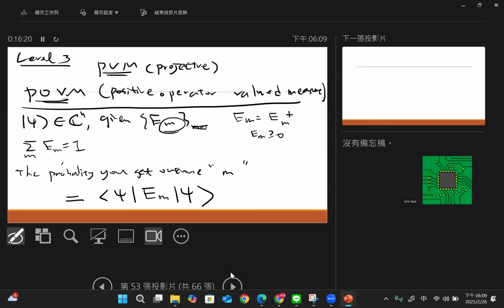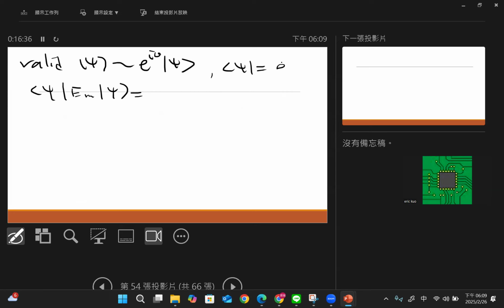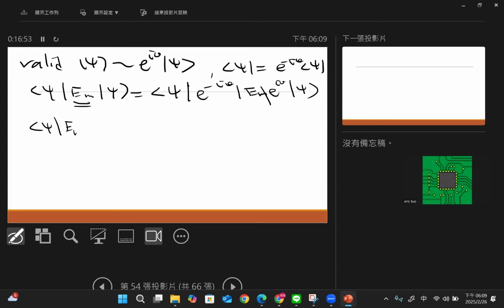Now we can check whether it's valid. It's well defined because it's the same whatever phase you put back, since you take a phase and it gives you exponential minus i theta, so it's the same. And since E_m are positive semi-definite, this expression is also greater or equal to 0 for all m.